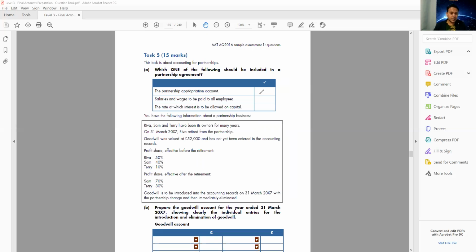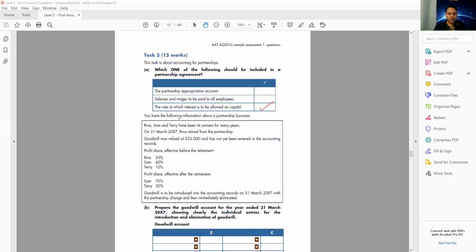The partnership appropriation account, salaries and wages to be paid to all employees, the rate at which interest is to be allowed on capital. Yes, this is the third one. Remember that if there is interest to pay, it has to be included in the partnership agreement, so that if you leave your capital or if you want to take interest, it is in the partnership agreement.